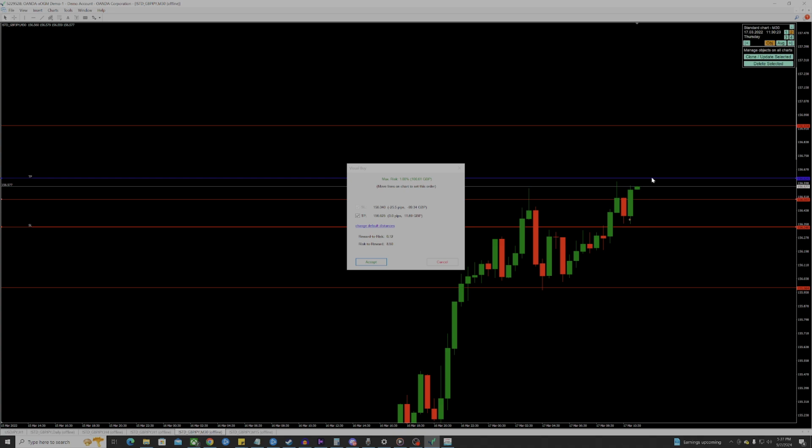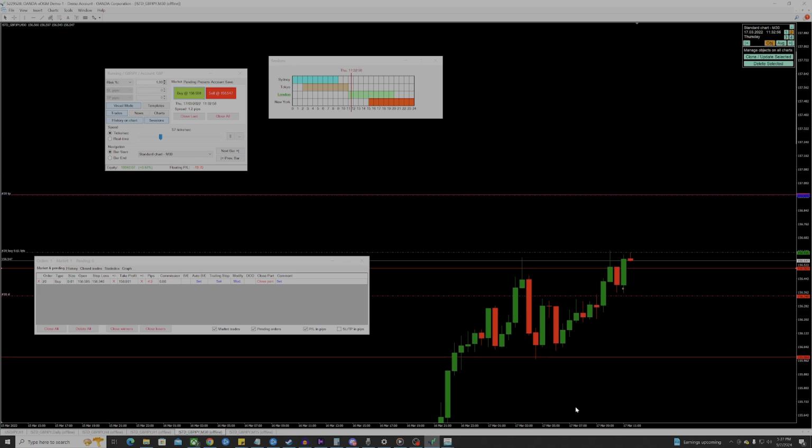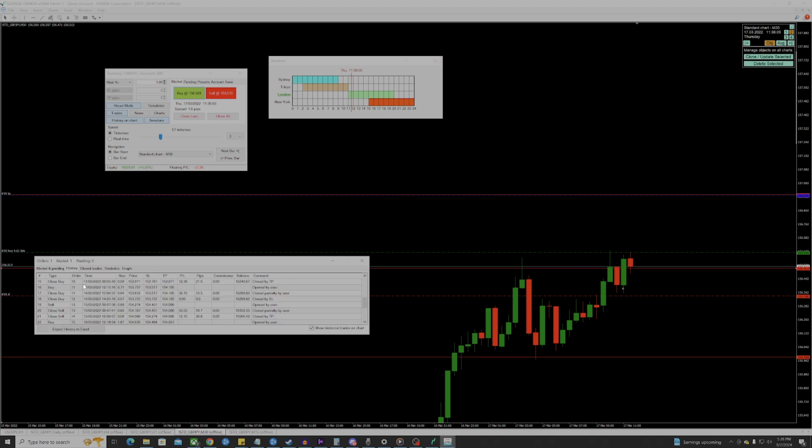So we will now take a buy to test this zone here. This might be our 5th trade, actually. One, two, three, four. So yeah, this will be our 5th trade.